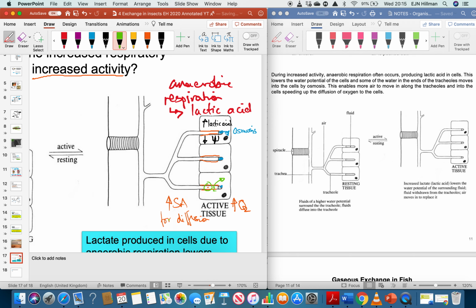That increases the surface area for diffusion, meaning more oxygen can enter the active tissue, which may prevent that anaerobic respiration from taking place, but also, if there's more oxygen, there would be more aerobic respiration. And aerobic respiration produces much more ATP than anaerobic.